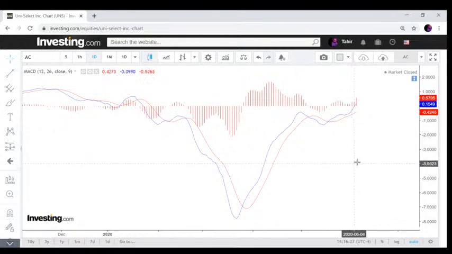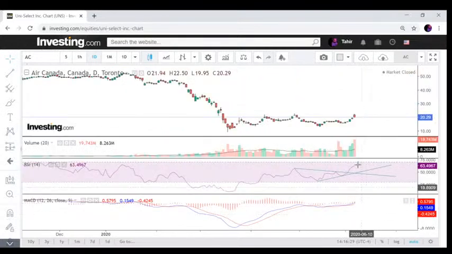So the momentum is strong, and the momentum here is upward. The stock has shown a huge divergence here, a good strength in the upward move. What happened with the future of this stock, we will discuss in the next part of this session.